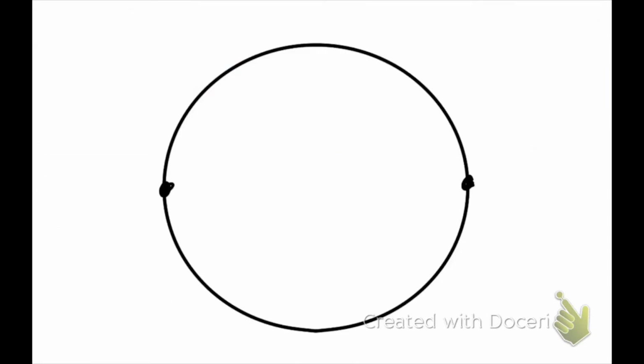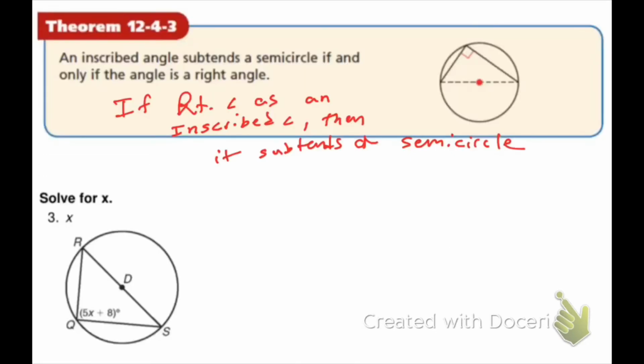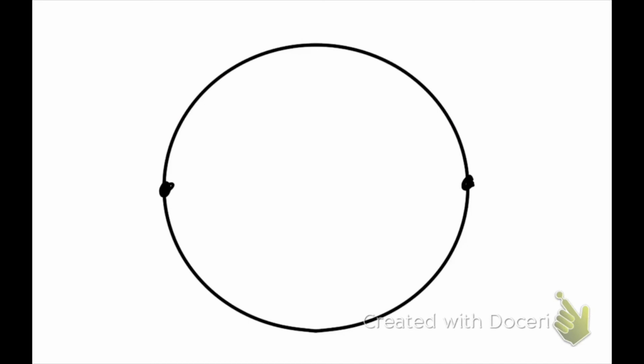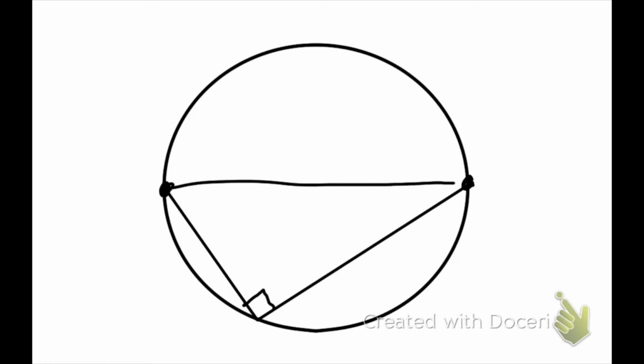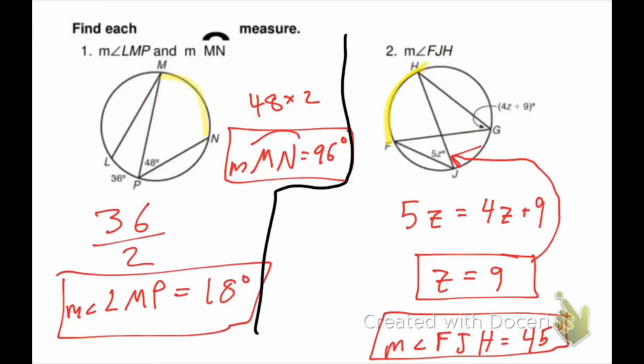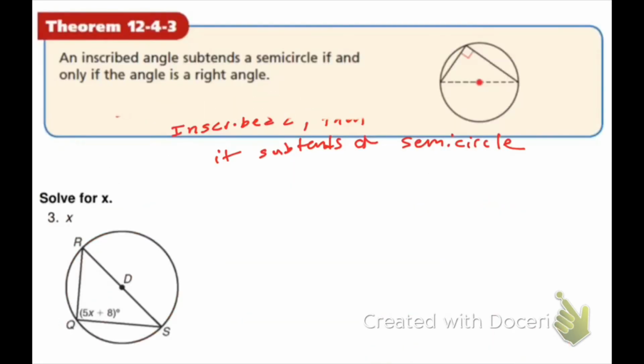So the opposite direction is that if you have an inscribed angle, and I know that it's 90 degrees, it's a right angle, my conclusion is that it falls on the semicircle. So that's what our next theorem is.